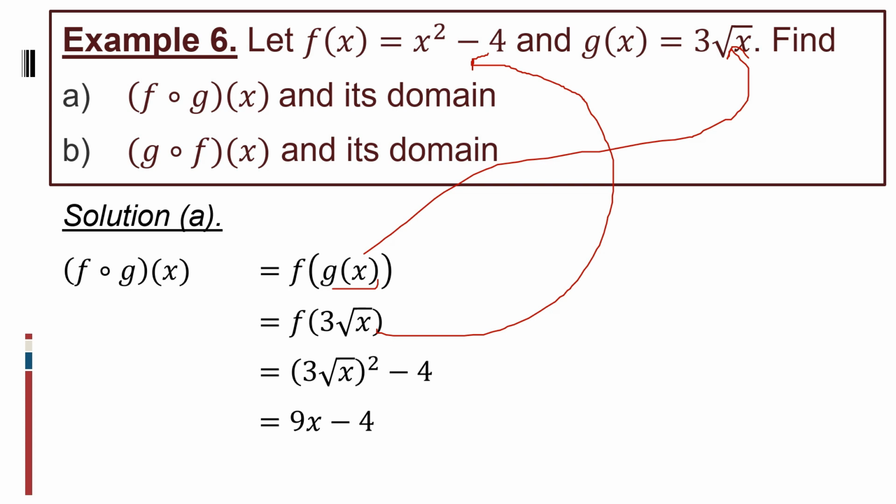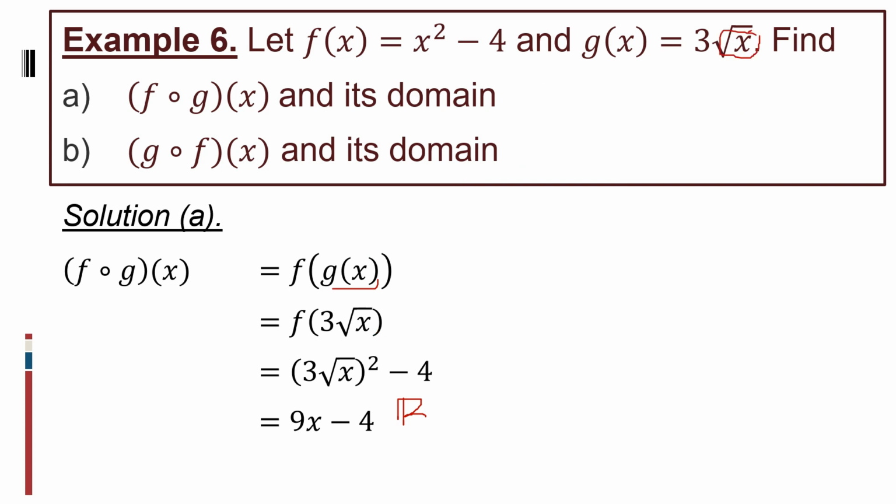So, since our f circle g is a polynomial, ang kanyang domain ay set of real numbers. However, hindi ito yung final domain. Kasi nga, we have to check yung ating domain ng g. And since g is a square root function, kailan ba nagiging true yung square root function natin? Kung yung nasa loob is greater than or equal to 0. Therefore, for this to be true, ang domain ng g of x natin is from 0 to positive infinity.